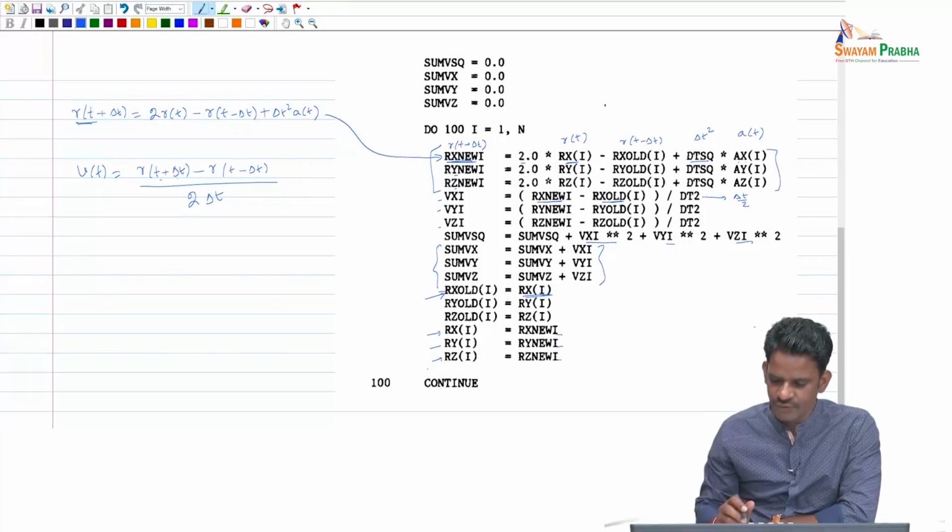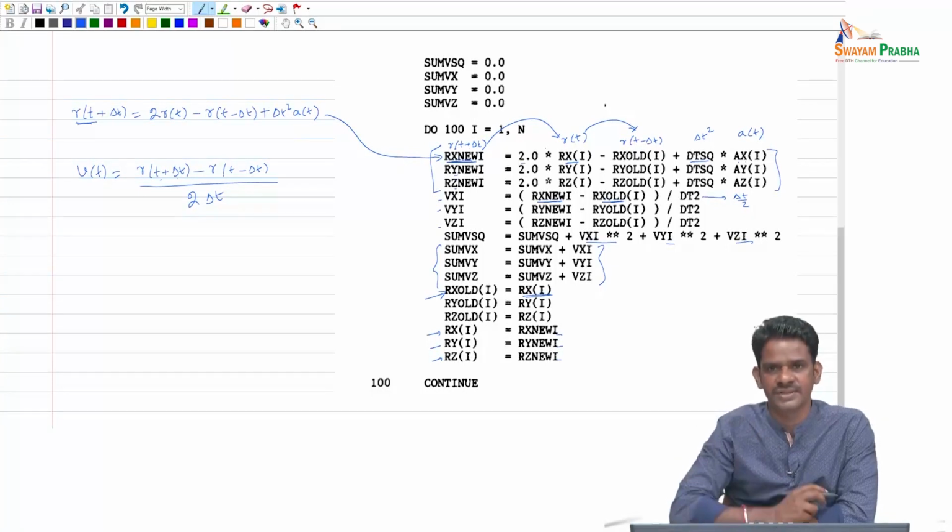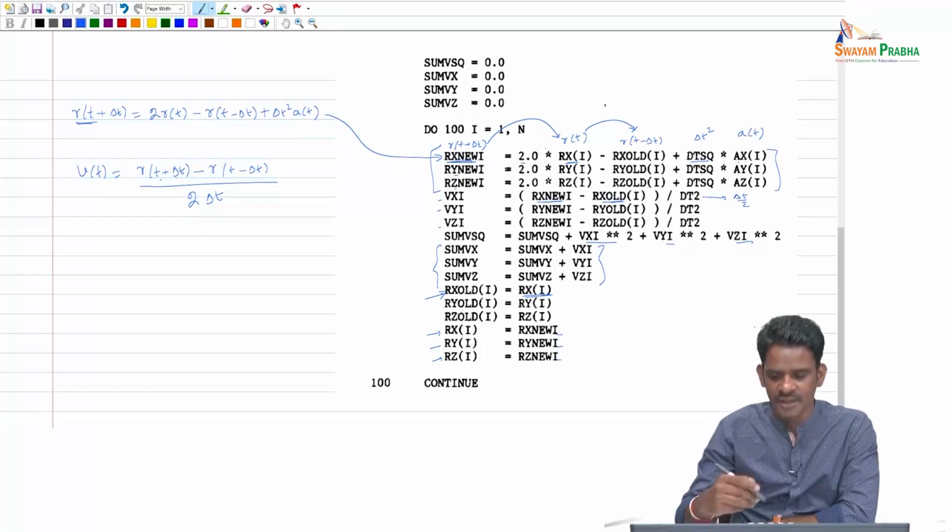Thereby every time you update r at t plus delta t, you can put the r of t in the old position and r at t plus delta t in the current positions, and then you iterate over to the next time step. You update the time and then go to the next time step and do this over. So, this is how one would actually write the Verlet algorithm in a code.